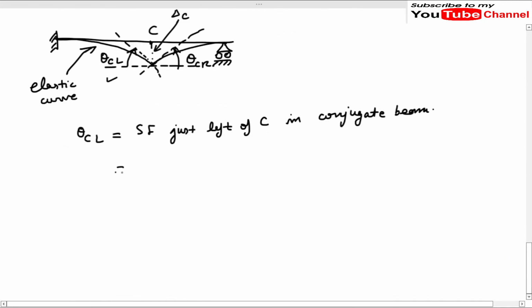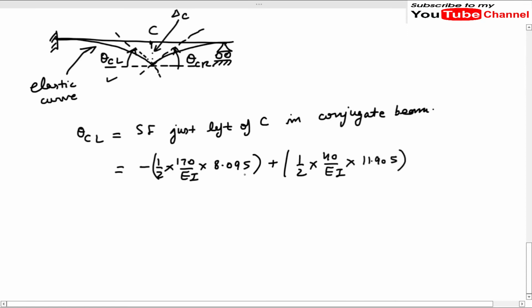So it will be equal to minus 1 by 2 times the ordinate of the first triangle, which is 170, divided by EI, multiplied by the distance 8.095, plus 1 by 2 times 140 by EI multiplied by 11.905. So after solving you will get the value of theta CL as minus 449.975 divided by EI.